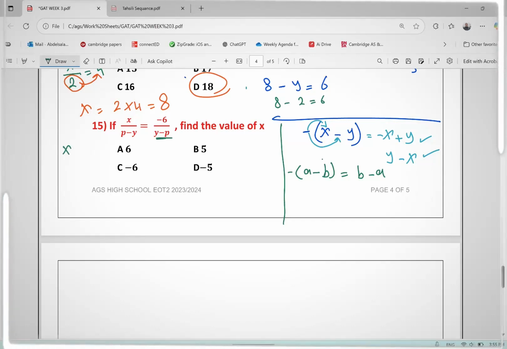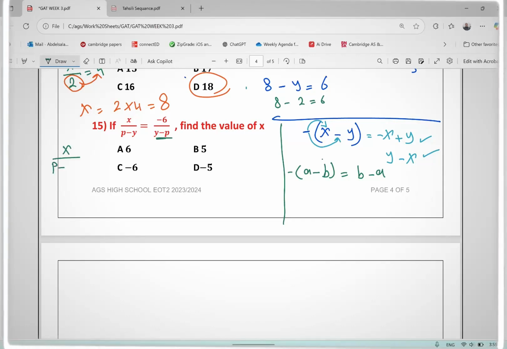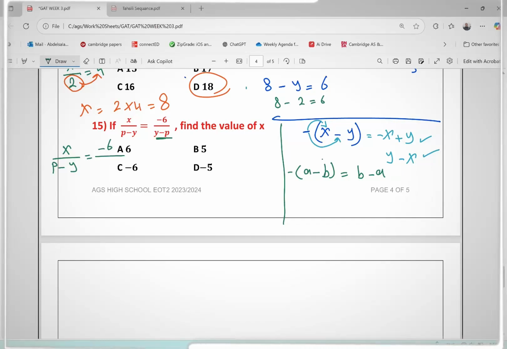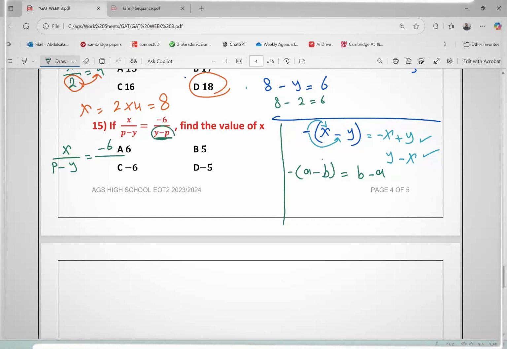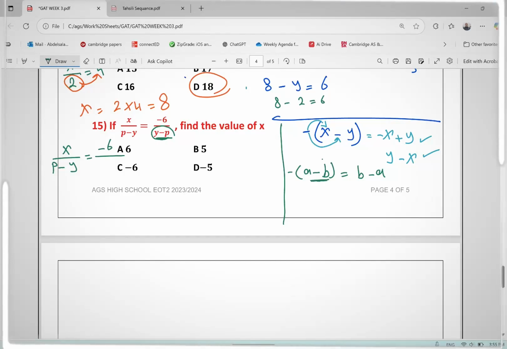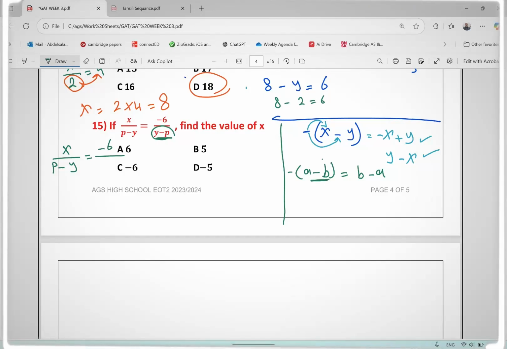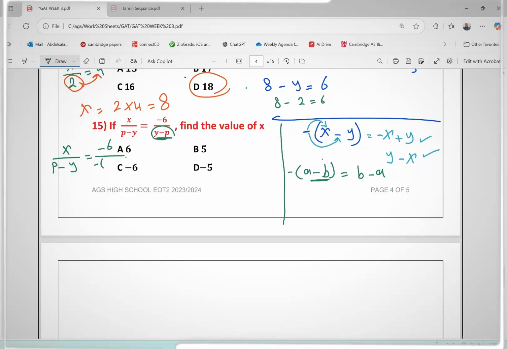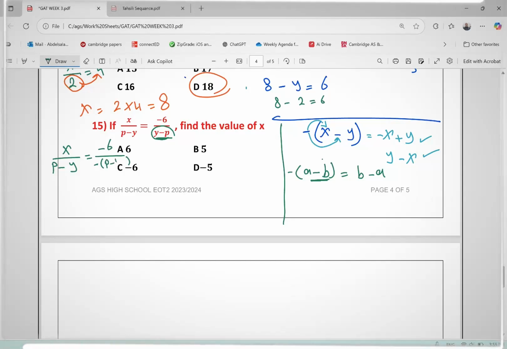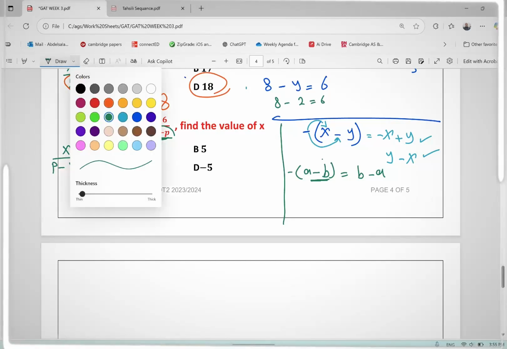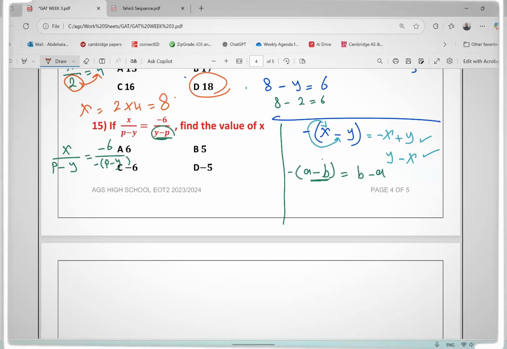Here we have x over p minus y equals negative 6. This one I have to flip. Do you remember? A minus b, if I put negative outside, I will flip it. It means I can write it here negative p minus y. Why, Mr.? I tell you because now we finished the question.